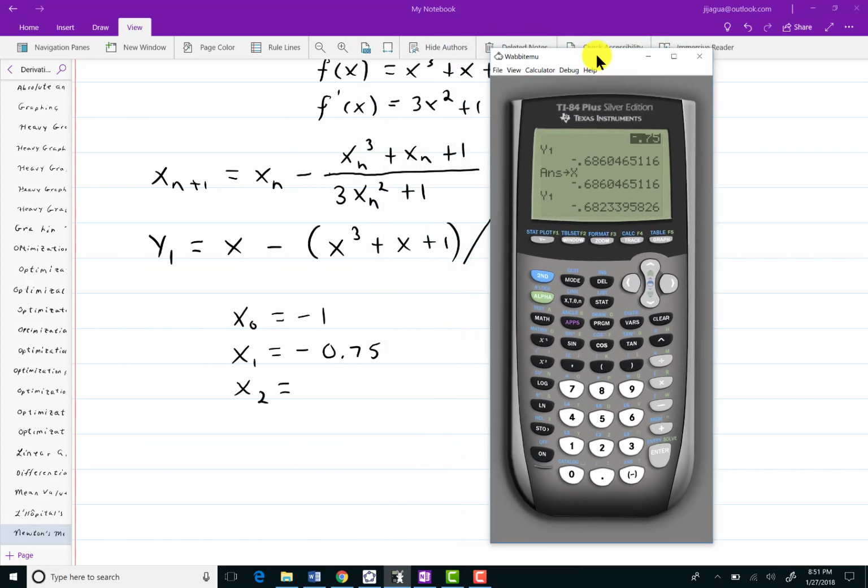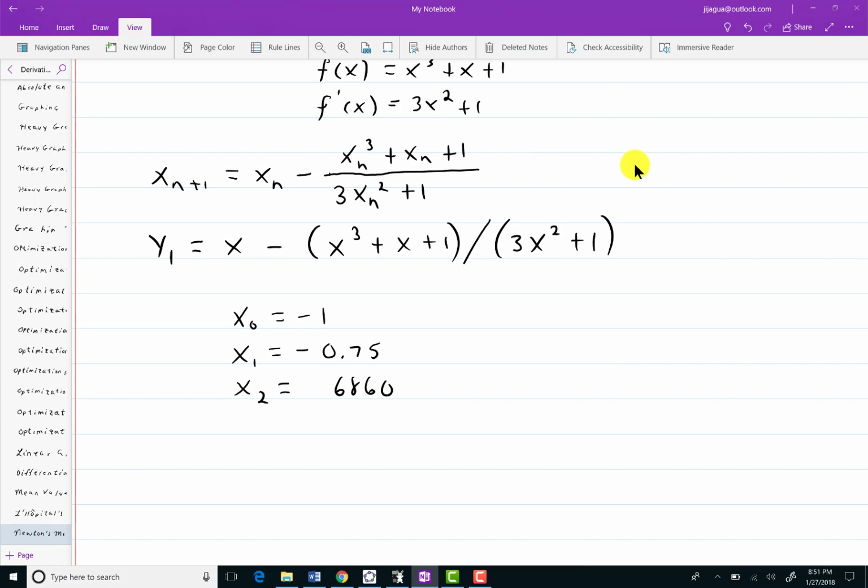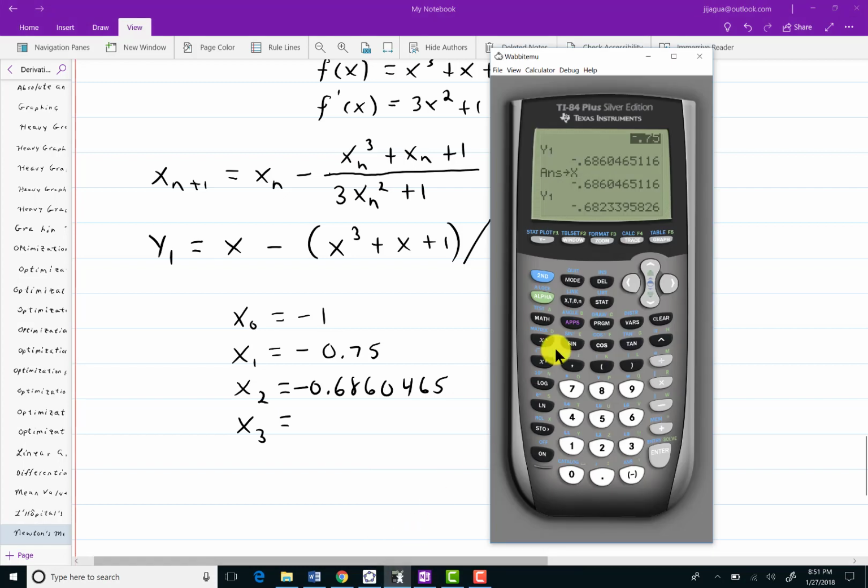We have 0.686465. And then x3 was the next one after that. So 0.6823396.